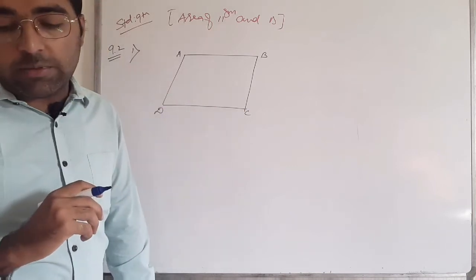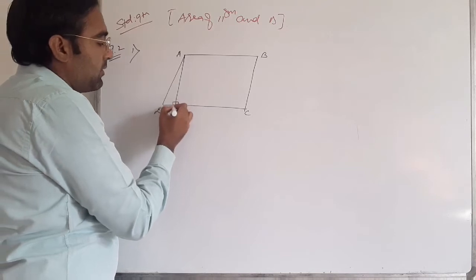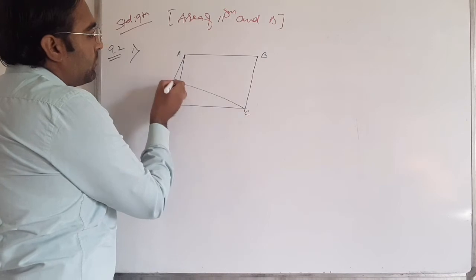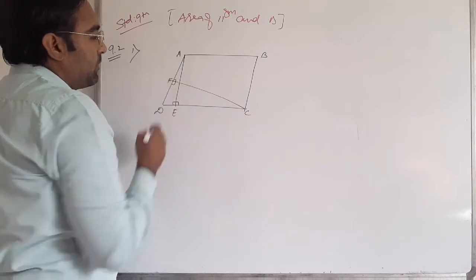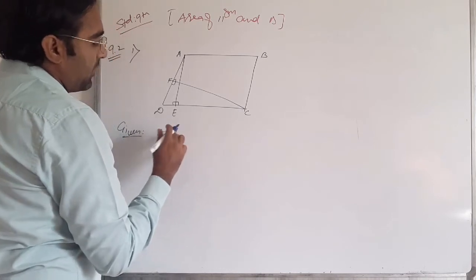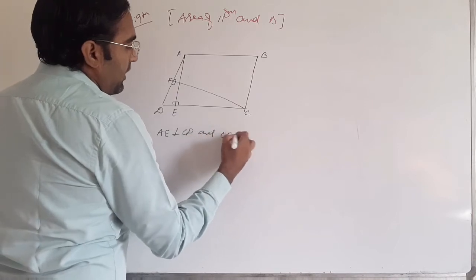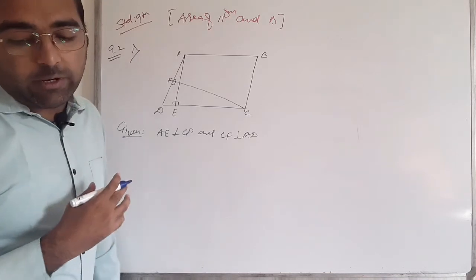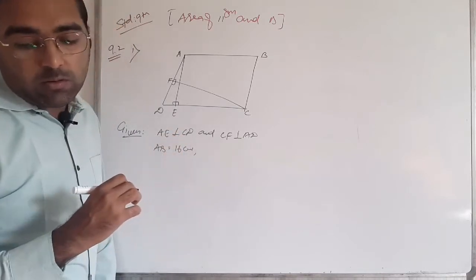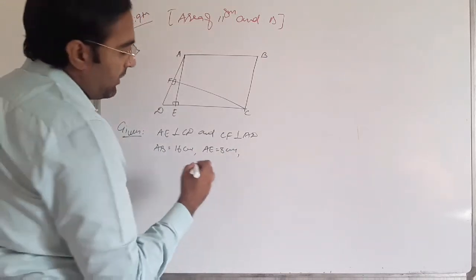Clear? ABCD is a parallelogram as given. AE is perpendicular to CD and CF is perpendicular to AD. The measurements of these sides are given: AB equal to 16 centimeter, AE equal to 8 centimeter, CF equal to 10 centimeter.